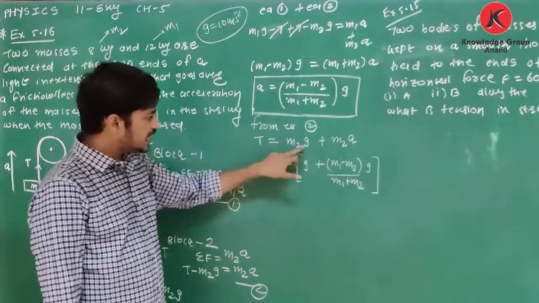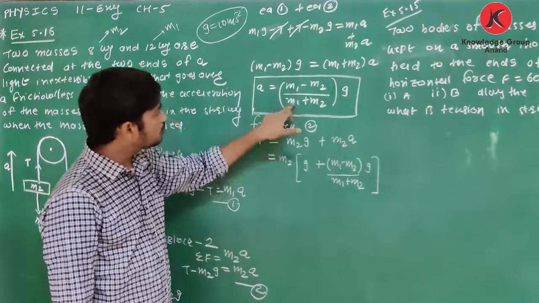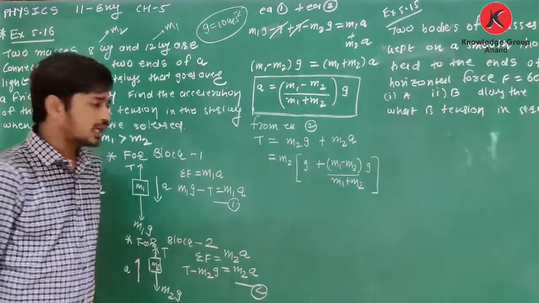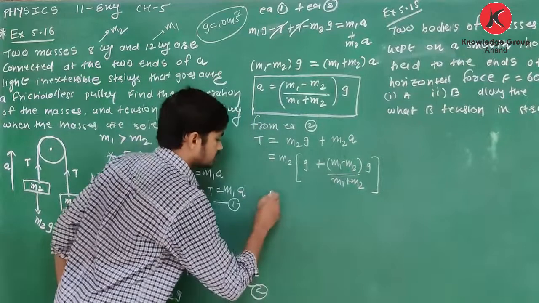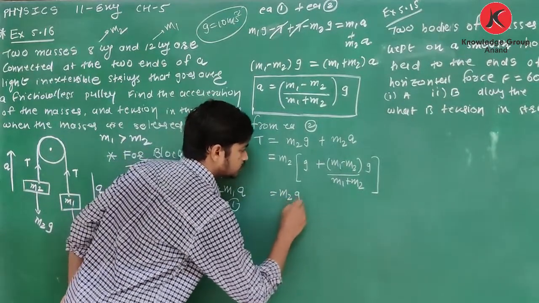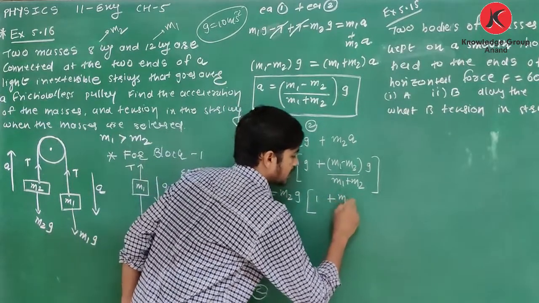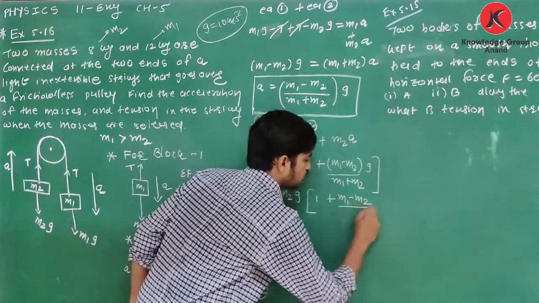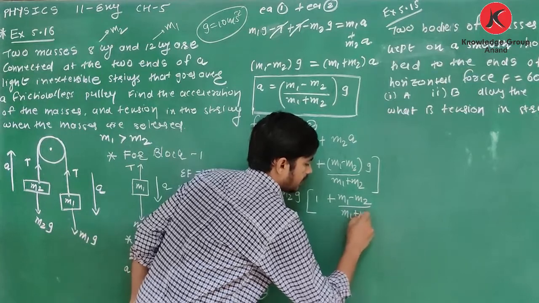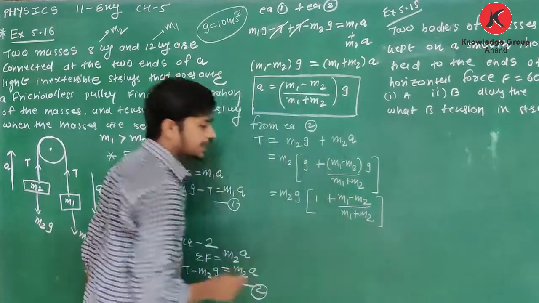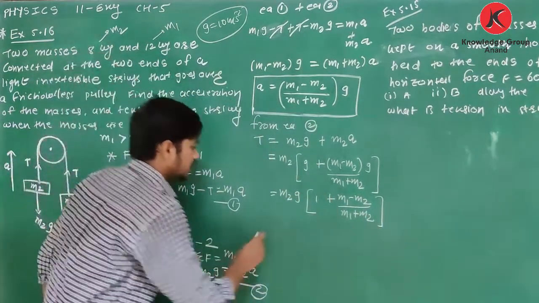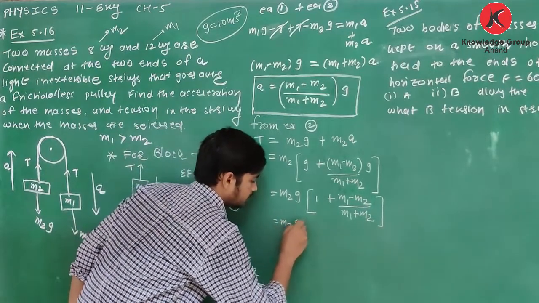So M2 is common, and you put the values of G and A. Now again G is common, so it is M2G common. Here I will have 1 plus (M1 minus M2) upon (M1 plus M2). Any doubt?